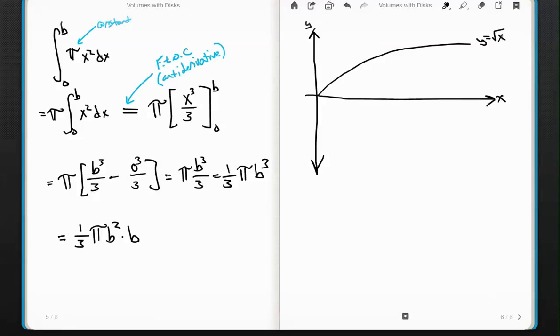Looks something like that. I'm going to do that from 0 to, how about something convenient like 16? And I'm going to revolve this guy around the x-axis. So it becomes this shape here. Let's see if I can draw this.